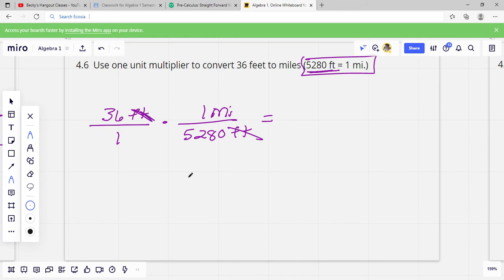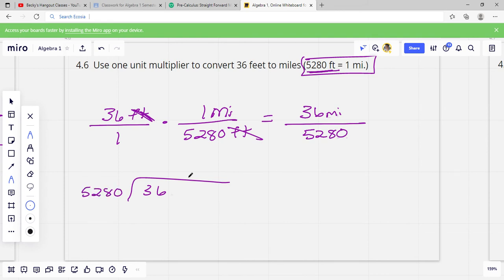I wonder if this is divisible by 36. Actually, yeah, in the book they make you divide that out. So this is going to equal 36 times 1, which would be 36, and that's miles, over 5,280. Usually you can just leave it like that in the book, but they divided this one out, so they want you to do 36 divided by 5,280.